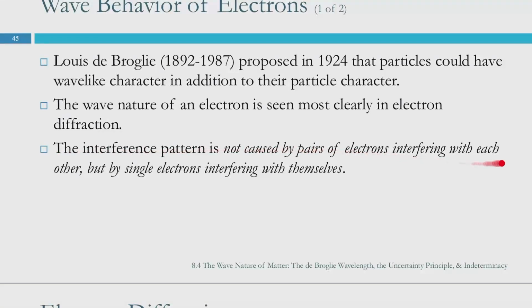This part is unbelievably confusing. The interference pattern of an electron is not caused by pairs of electrons diffracting through a slit. It's caused by an electron interfering with itself. I think Veritasium has a video about this. There's a big science creator on YouTube that has an explanation of this property, but I don't know what it is off the top of my head.